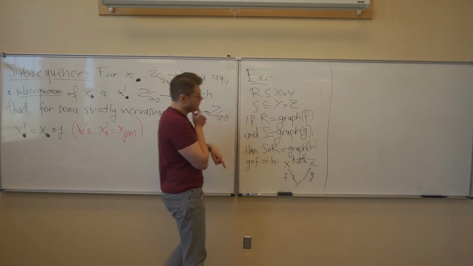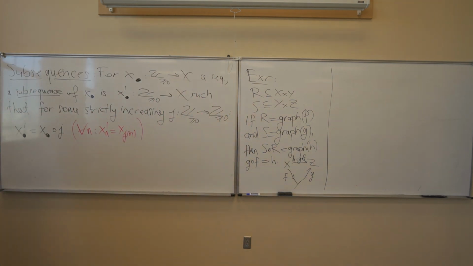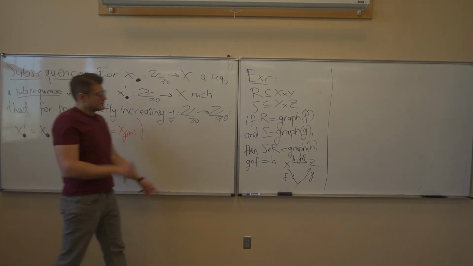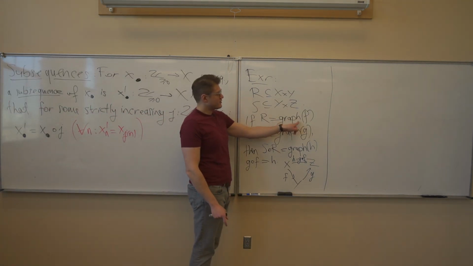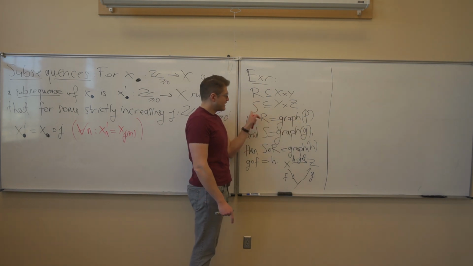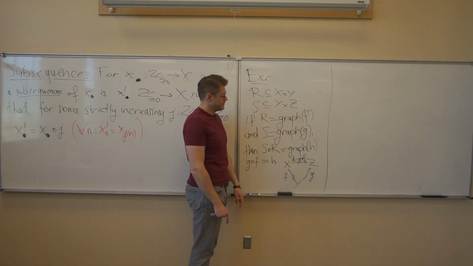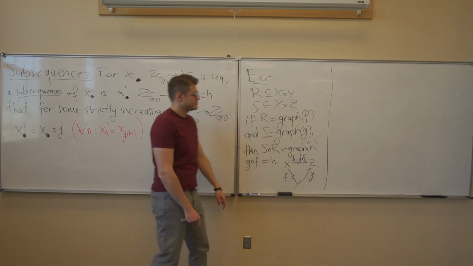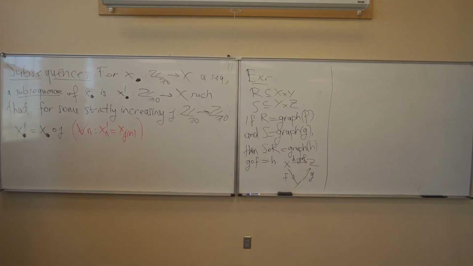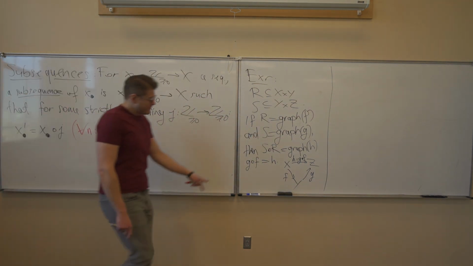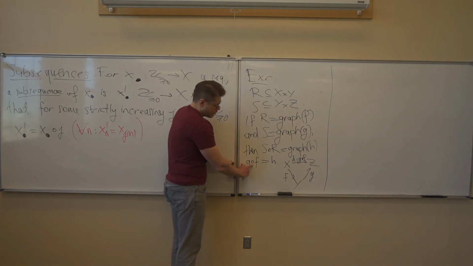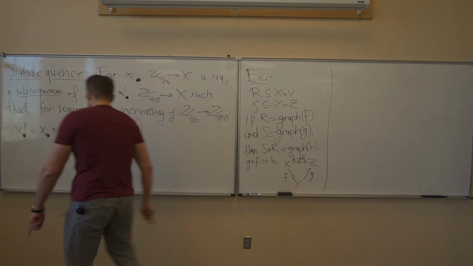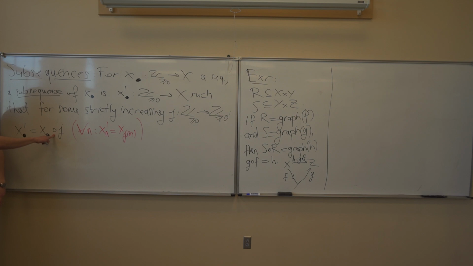S composed with R is a relation from X to Z. The statement of the exercise is that if R really is the graph of some function f, and S is the graph of some other function g, then the composition of them is the graph of some function, which I denoted by h there. But the typical notation for this is g composed with f, and this is also the same notation that I used here.